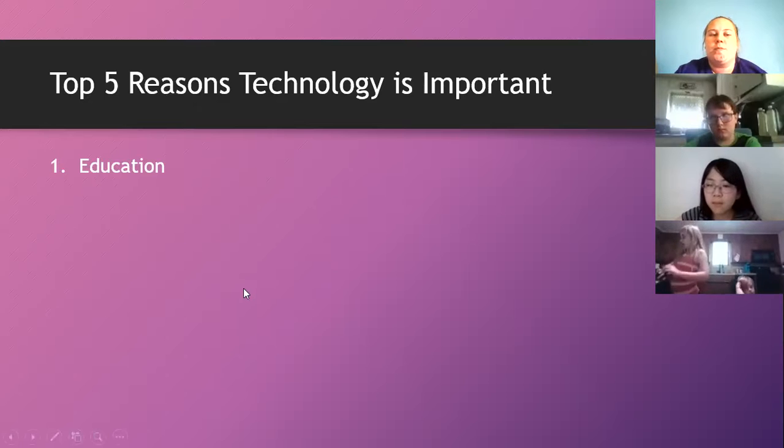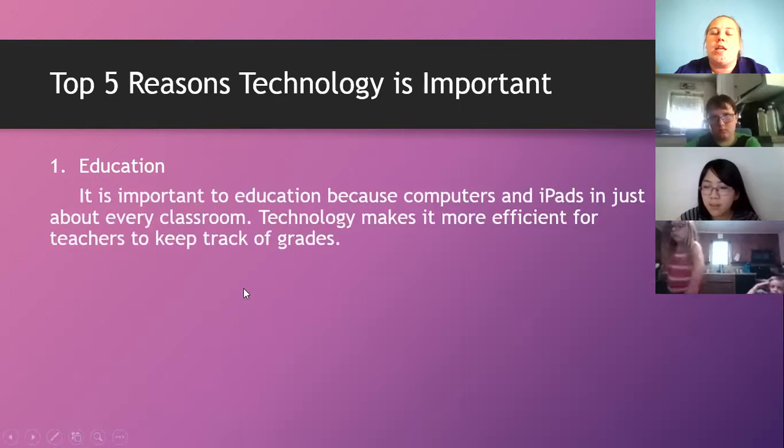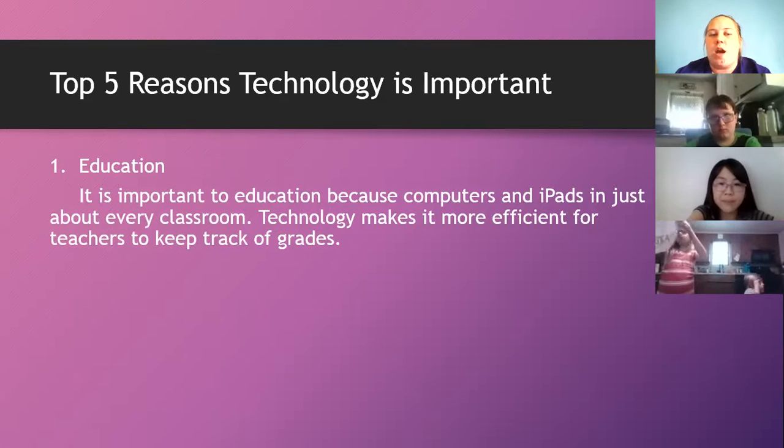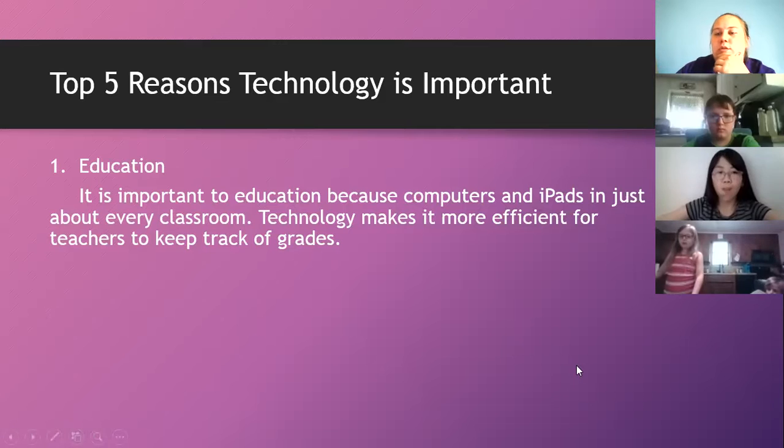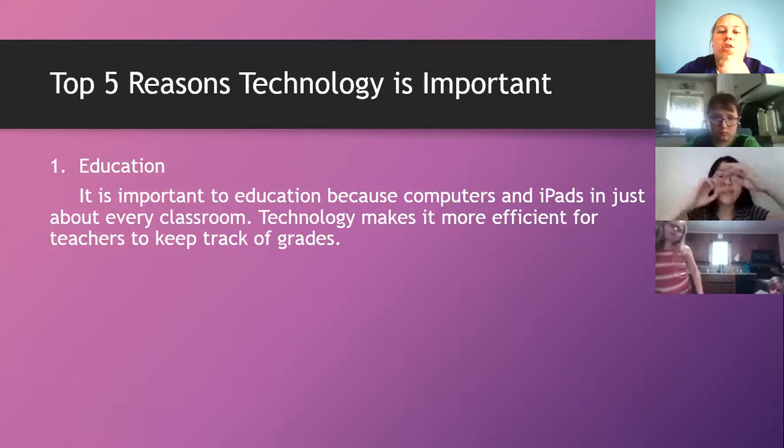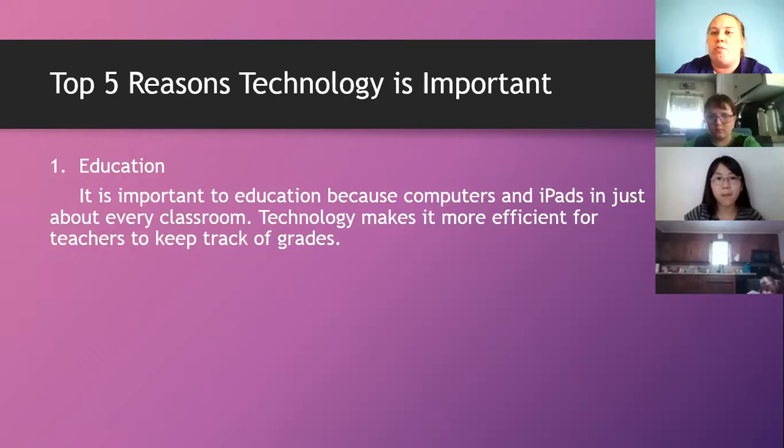Any ideas? Okay, well, technology is important to education because computers and iPads are in just about every single room nowadays, right? Did you guys have computers or iPads or something in your rooms in school? Yeah. And technology makes it more efficient for your teachers to be able to keep track of your grades.